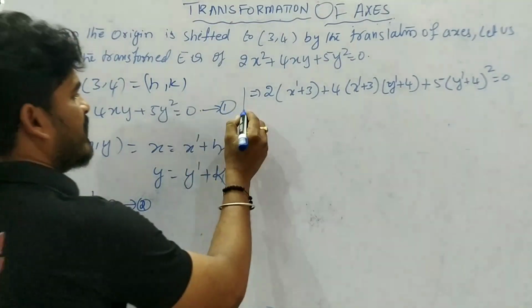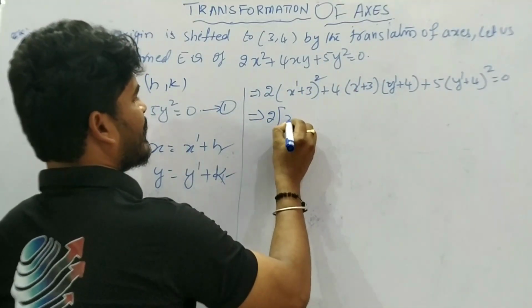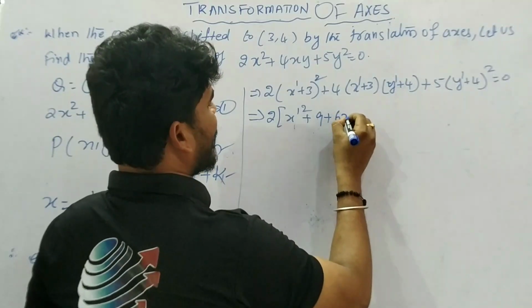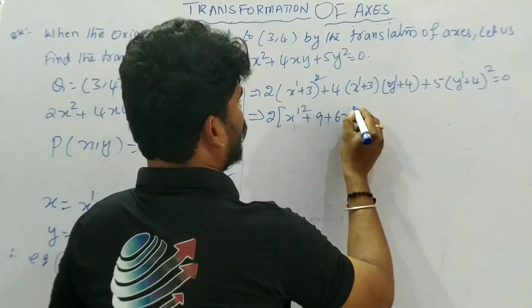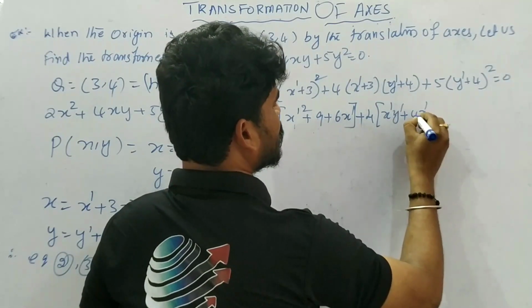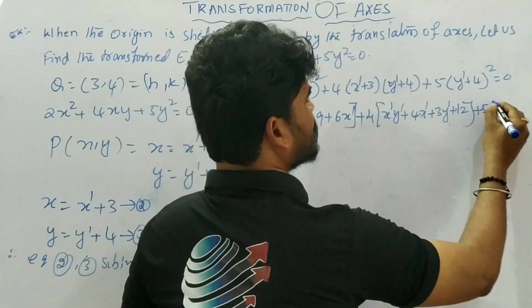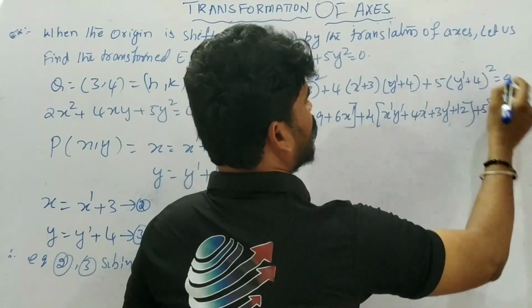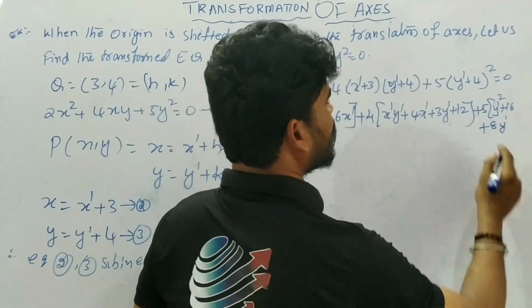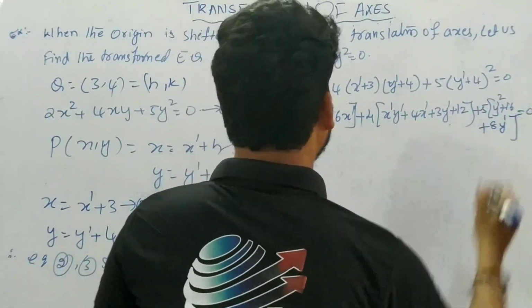Here, 2x square gives 2 into (x dash square plus 9 plus 6x dash), plus 4 into (x dash y dash plus 4x dash plus 3y dash plus 12), plus 5 into (y dash square plus 16 plus 8y dash), equal to 0.